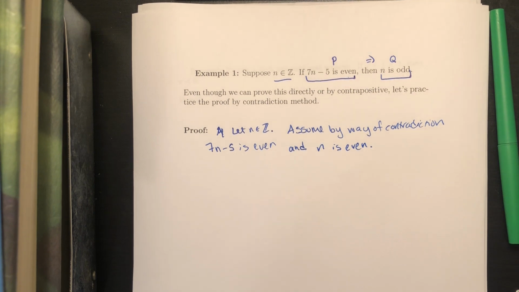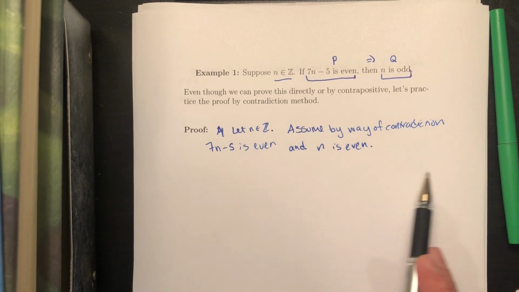So we're assuming, and hoping to find a contradiction, that P and not Q is correct. If we can find a contradiction, then we know that the negation is false, so the original statement must be true.